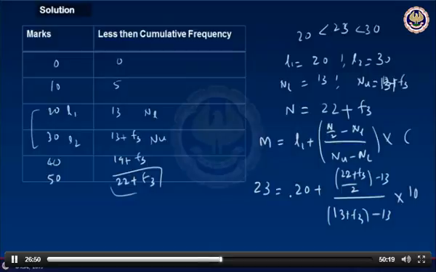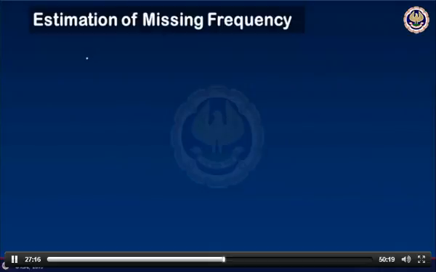So the simplification gives 3 equals (22 plus F3 minus 26) by F3 into 5. We have already discussed this in the last slide.